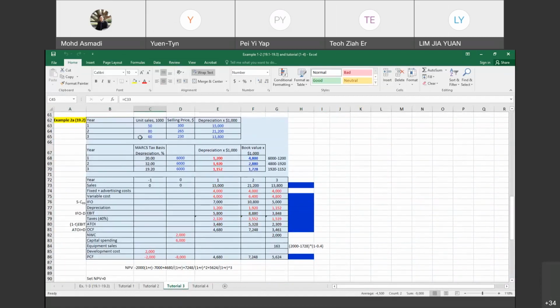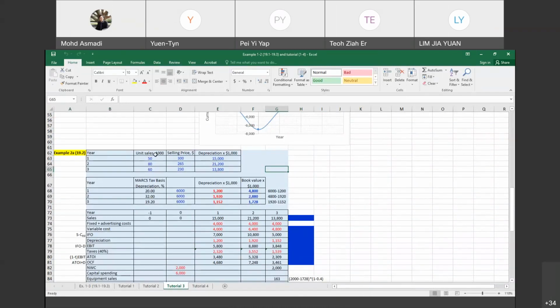For the new scenario, if you look here, what is changed? The unit sales, 80,000, the selling price, and also the depreciation changes. So we have to make a new book value, because the equipment cost has increased from 3 million to 6 million, right?